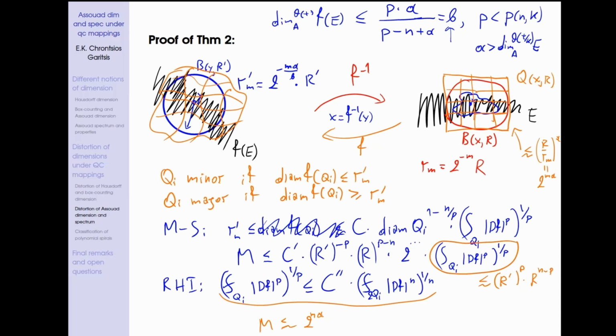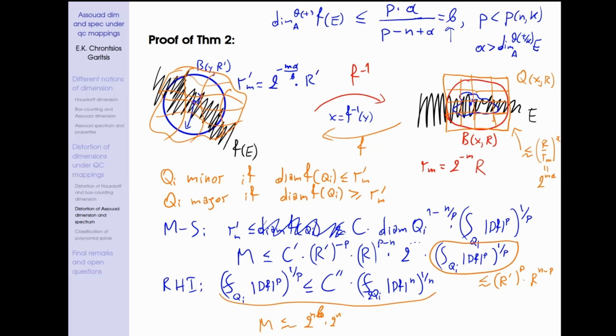We don't want to use major cubes, but every time we subdivide a major cube, we get at most 2 to the n minor cubes. So in fact, just changing this constant by multiplying it by 2 to the n would result in the bound that we like. So this is actually beta, I think.